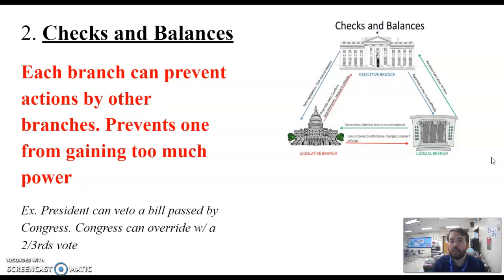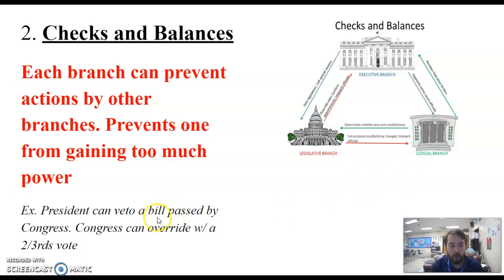The next key principle is checks and balances. Those 3 branches that we just talked about, they can prevent actions by other branches, and that prevents one from gaining too much power. So you don't want Congress to have all the power. You don't want the president to have all the power. You don't want the court system to have all the power. You want them to be semi-equal, and they can cancel out the powers of each other, and they have certain roles that they play.